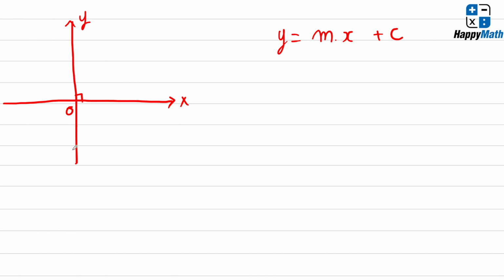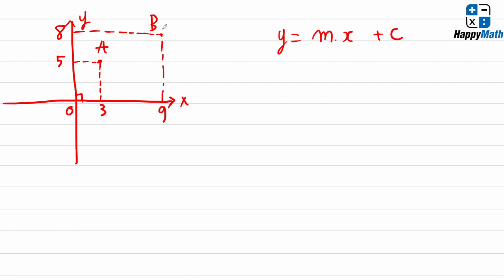In this demonstration, I have a point A, where the x coordinate is 3 and the y coordinate is 5. Another point is B, where the x coordinate is 9 and the y coordinate is 8.